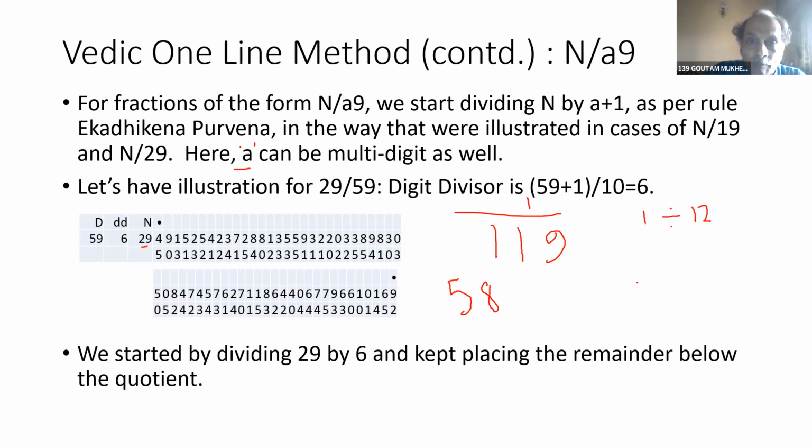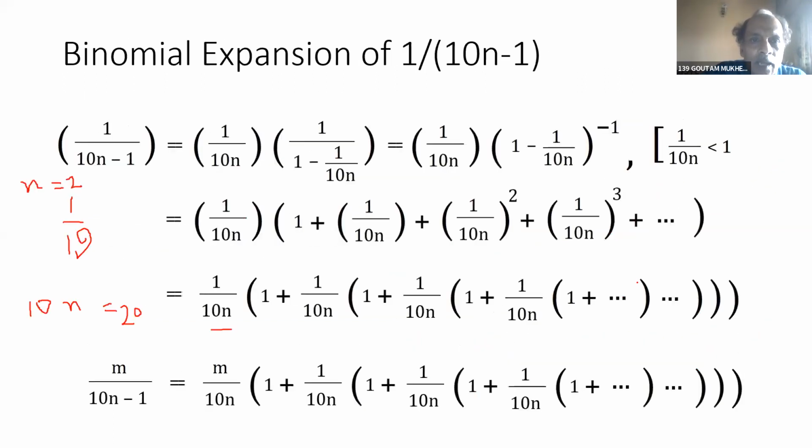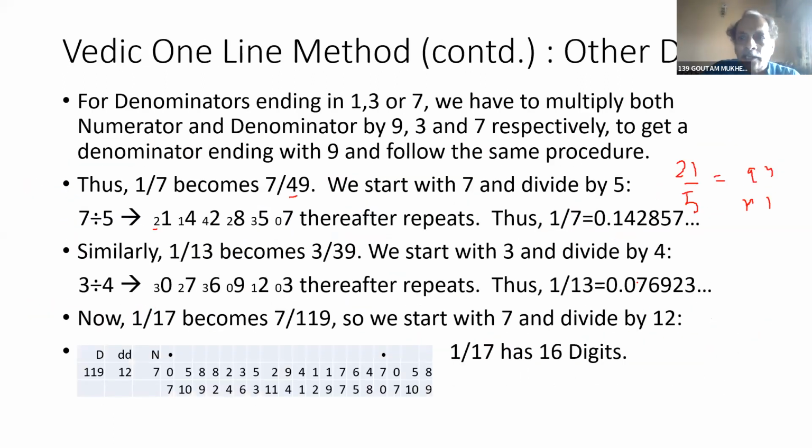But in this case, see the difference. In case of 1 by 7, my last digit is not 1, but it is 7, because I multiplied by 7 in order to get 7 by 49. Actually, we are not evaluating 1 by 7, we are evaluating 7 by 49.